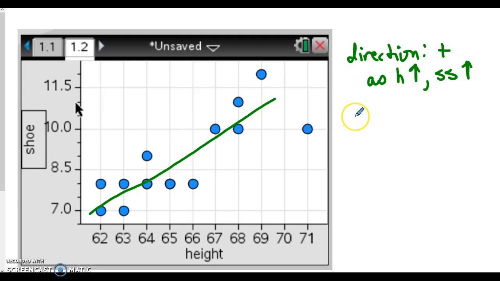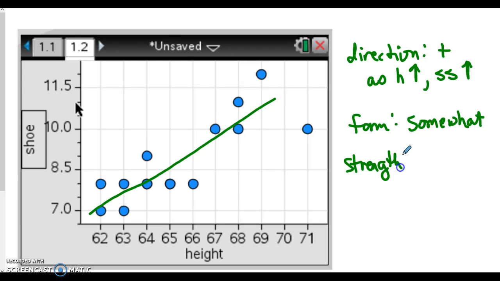I would say the form is somewhat linear, or linear would be fine. There's no curved pattern to the data. And then what am I missing? Direction, form, strength. And I would say that this, again, is kind of moderate. And in terms of weak, moderate, strong, we're going to talk about a statistic that helps us classify the strength of the relationship a little bit better in a minute.